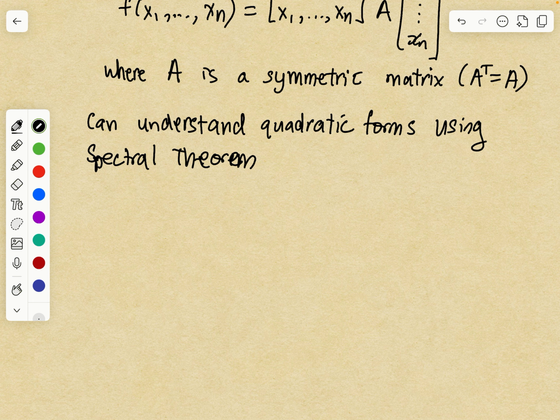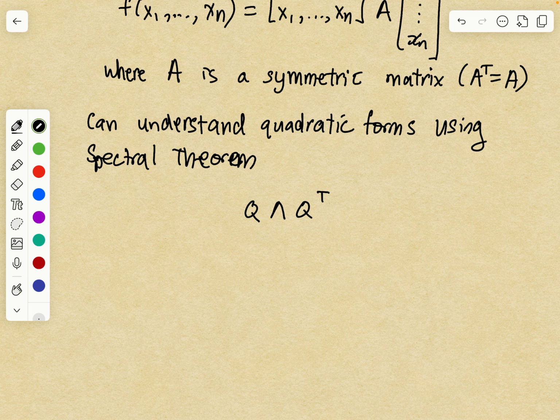It says that any symmetric matrix, and we're talking about matrices with real entries, has the form Q lambda Q transpose, or Q inverse. It's the same because Q is an orthogonal matrix. There's an orthogonal matrix Q and a diagonal matrix lambda such that A is equal to Q lambda Q transpose.